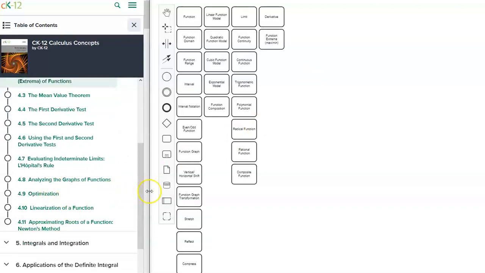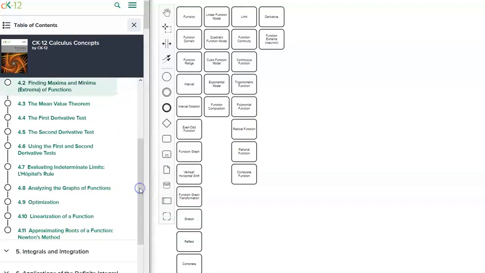We'll just go through these. Again, if I have a pause between my words, please say them aloud. So mean value theorem, first derivative test, second derivative test. I don't see a third derivative test. How to use them.